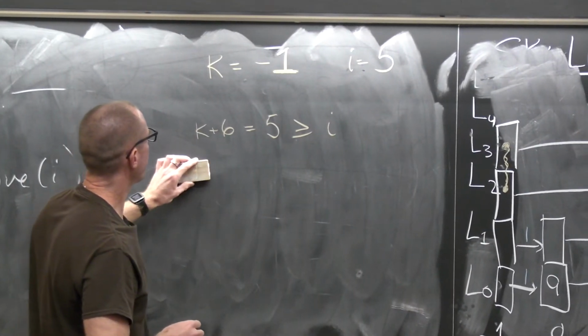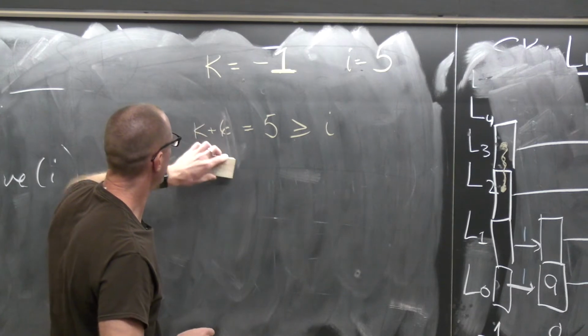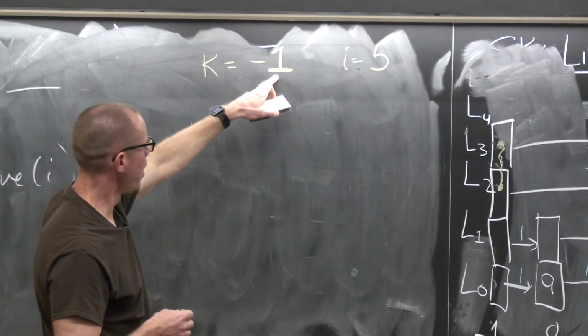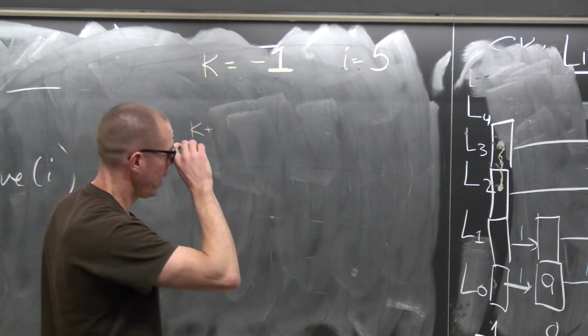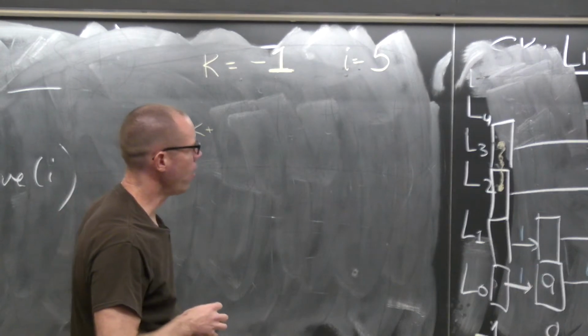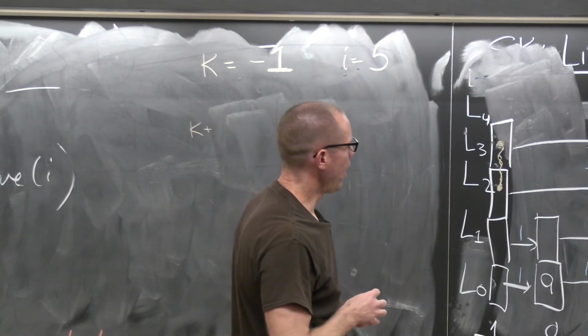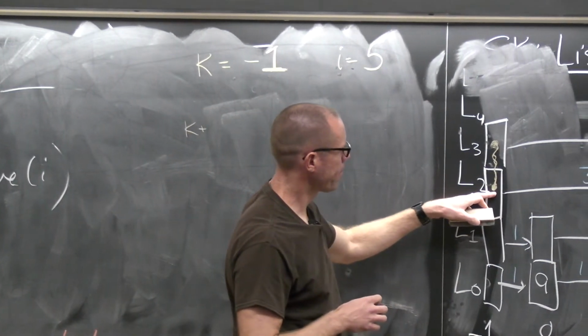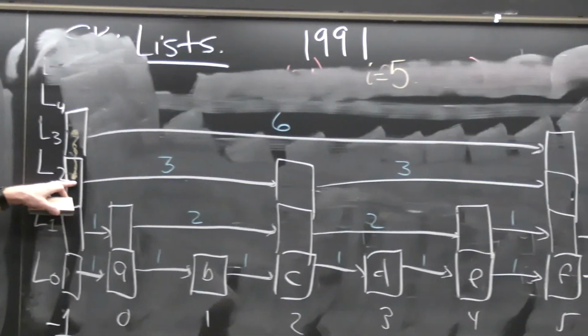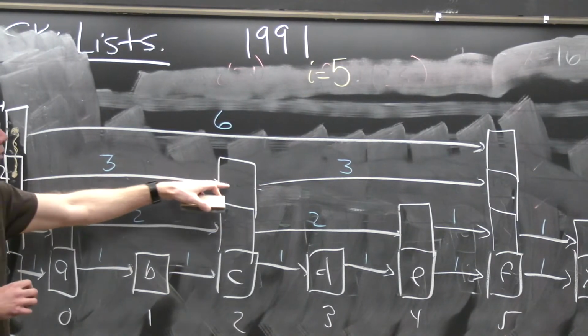Okay. Now, I'm still at the node with index minus 1 and searching for I equals 5. So now what? From here, I see an edge whose length is 3.